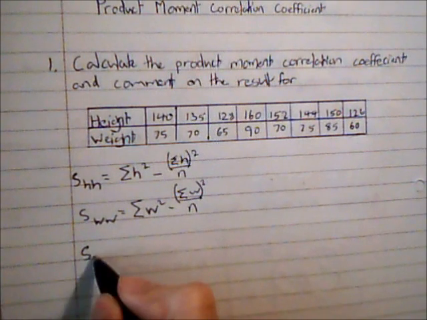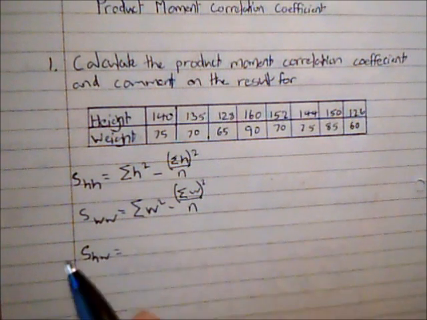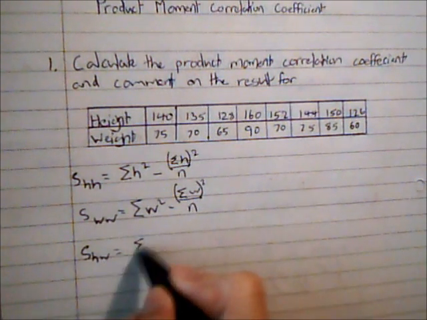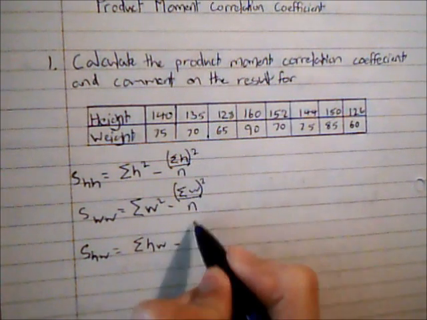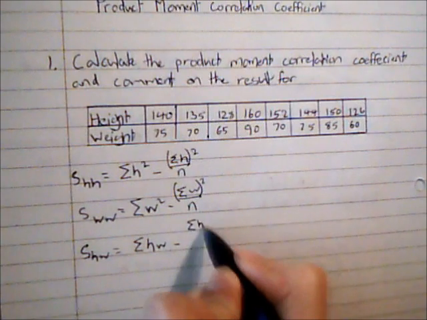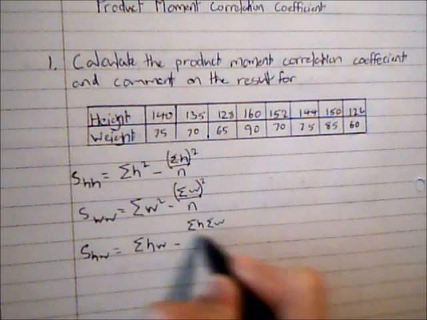And then I've got SHW, which is sigma HW minus sigma H sigma W over N.